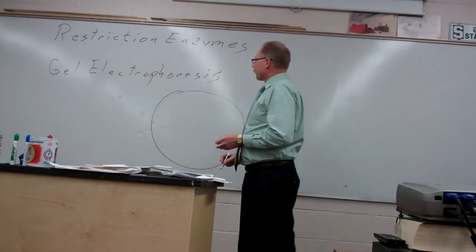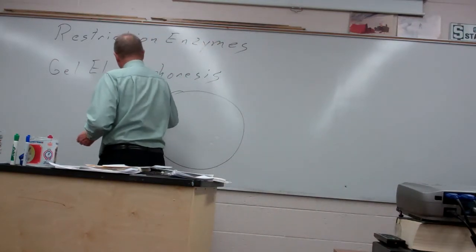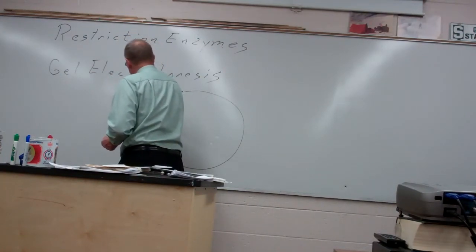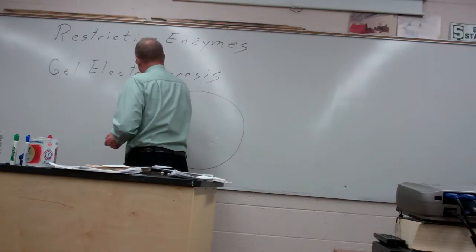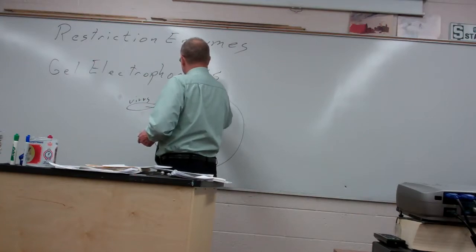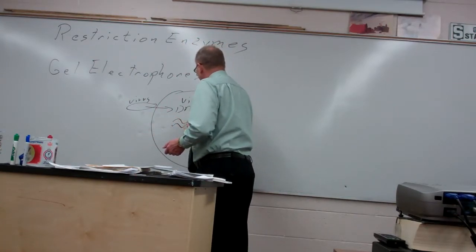And so here's a bacteria, no nucleus, of course. They're prokaryotes. And here comes this virus that lands on it. This is the virus. And it injects its DNA, make it double-stranded.